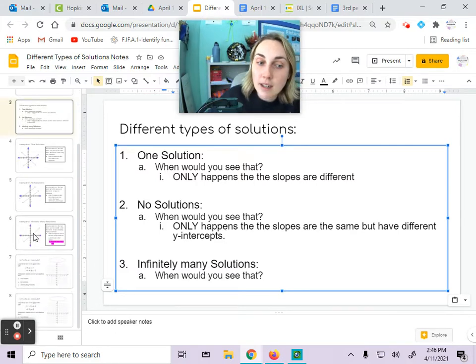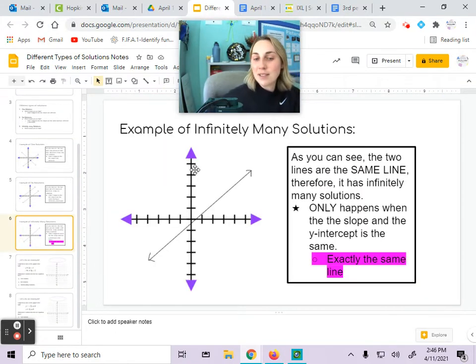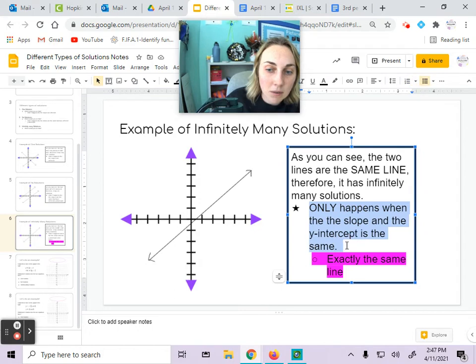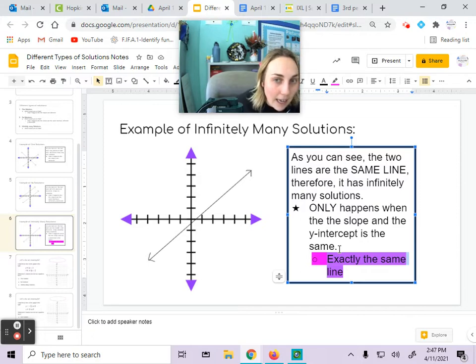And then last but certainly not least, infinitely many solutions. As you can see, there's only one line here, so you're probably really confused, but you'll know what I'm talking about in just a second. When you have infinitely many solutions, what that means is that the slope and the y-intercept are going to be the same. So both equations are going to be the exact same line.